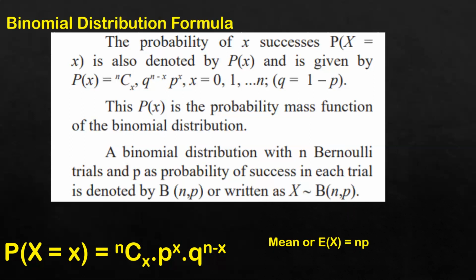The mean or expected value is given as n into p, and variance of X, V of X, is given as npq. Always remember, class, in a binomial distribution, mean will always be greater than variance. I repeat, in a binomial distribution, mean will always be greater than variance.